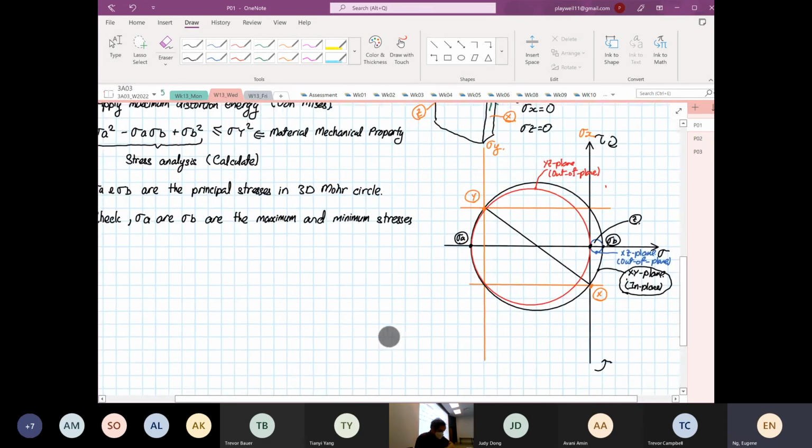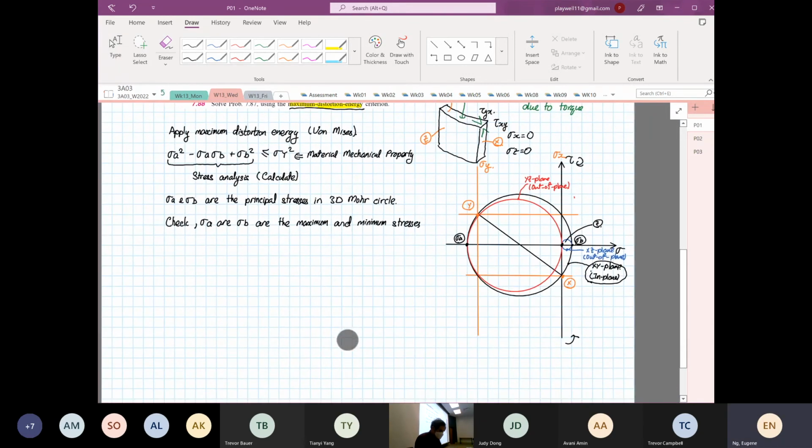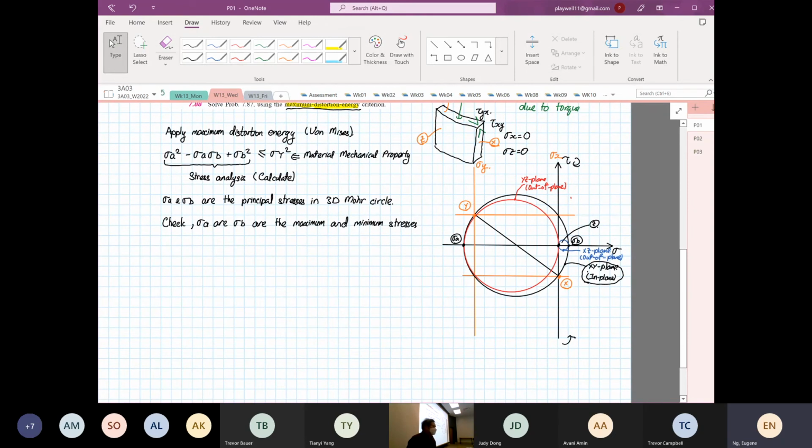Now, normally, you don't need to draw the 3D Mohr circle. I'm doing it just to check, okay, that the in-plane circle will have the sigma A and sigma B values.